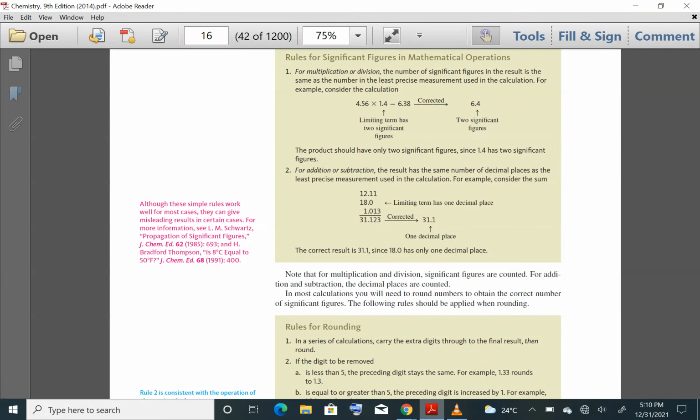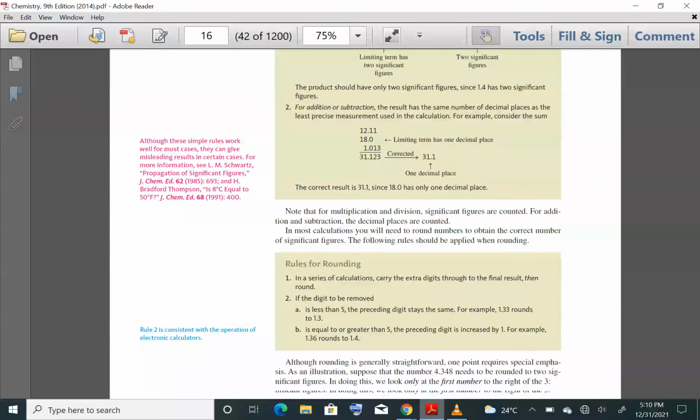What did we do? You look at the 3, where the two significant figures end, and then you look at the number that follows. Is it less or greater than 5? If it's 5 or greater, then you add 1 to the preceding number. That's how we got our 6.4.